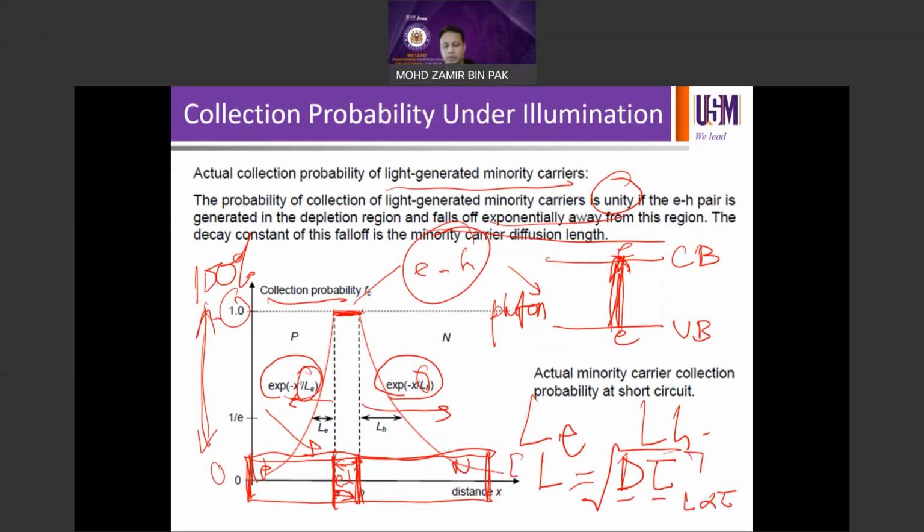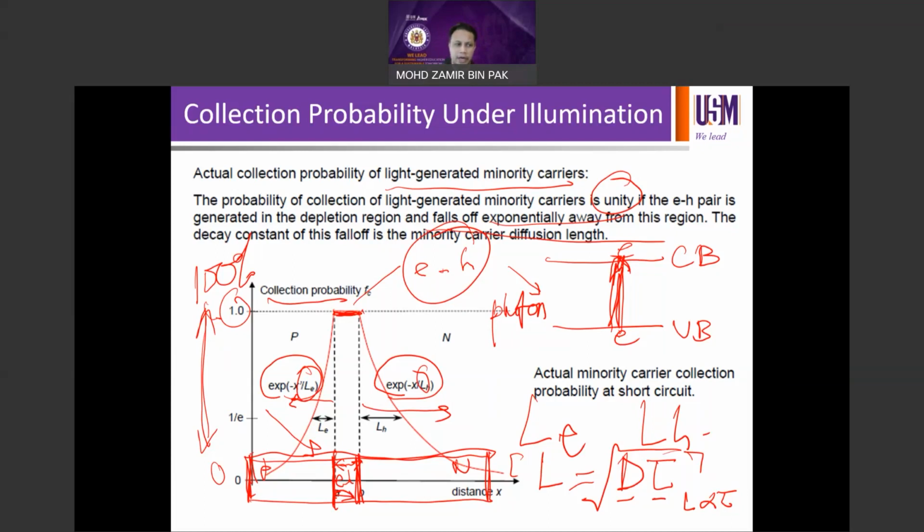And we've also learned from the previous topic that from this equation, we know that L is proportional to the square root of tau. That's why when you are given a wafer, for example, to check on the quality, you can do a lifetime measurement, minority carrier lifetime measurement, and from there you should be able to tell the quality of the diffusion length expected in the device eventually by this correlation. L is equal to square root of D times tau.